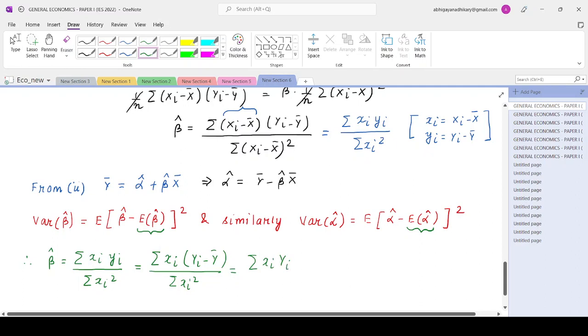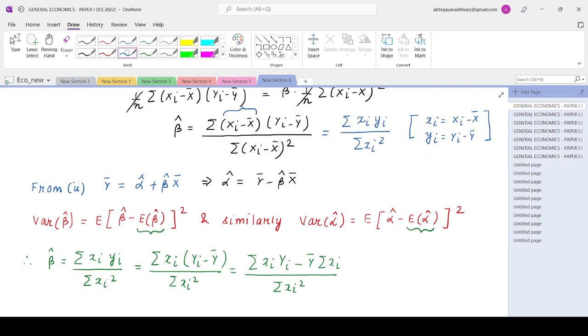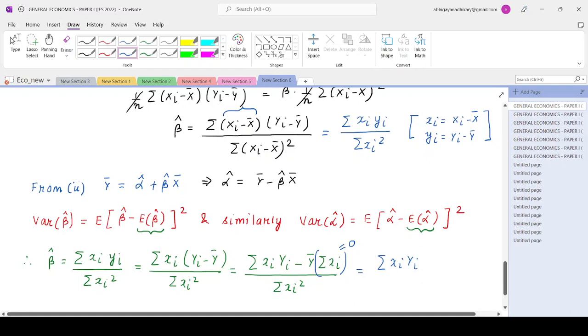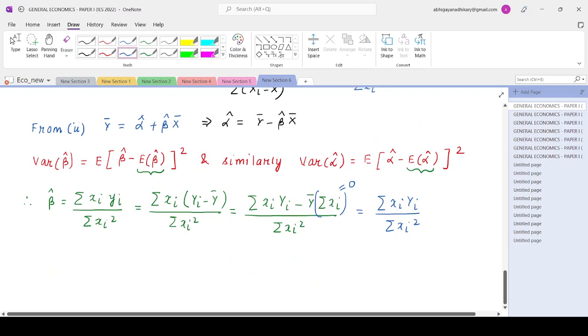Summation small xi (capital Yi minus y bar) summation small xi divided by summation small xi square. Now note this thing. What is this? Sum of deviations, which is 0, right? I hope you know this. So what is this becoming? It is becoming summation small xi capital Yi divided by summation small xi whole square.